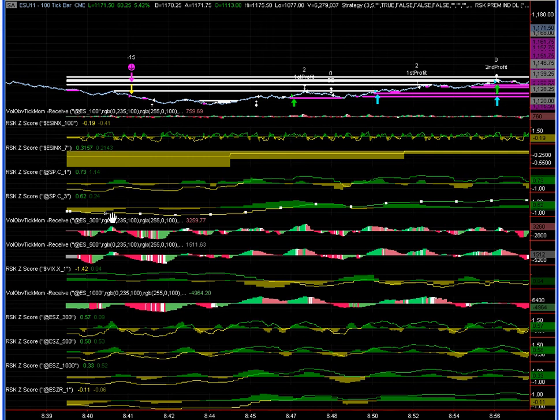Now the premium is a leading indicator, and as you can see, the premium has remained short as the market began to move up. Yet we had long trades, and that's because some of our strategies are set up to use the large contract 3-tick Z-score.